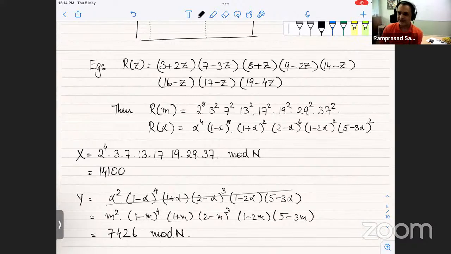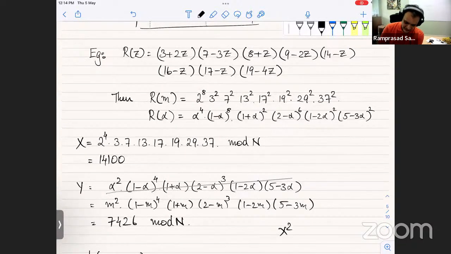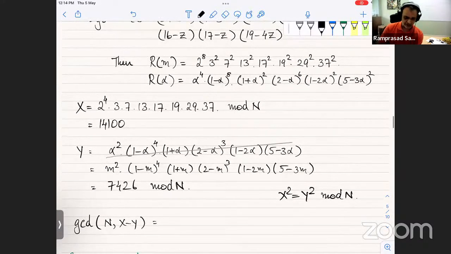And because m satisfies the same relation that alpha satisfies, it turns out that x squared is equal to y squared mod n. If you take the GCD of these two, you get one of the factors, which is 70.